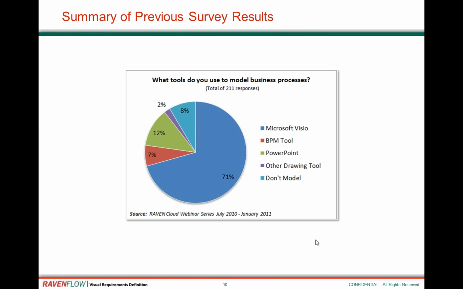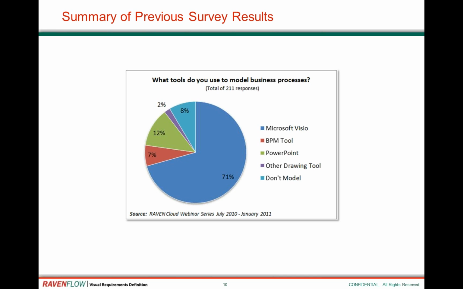If I continue in the survey, I've actually done a similar survey over the last several months. And here you see the compiled results from the survey question, the one you just responded to. And I'm not making this up, right? 71% on average over the last 6 months have used Visio. 7% are using some business process management or modeling tool. 12% are using PowerPoint on average.